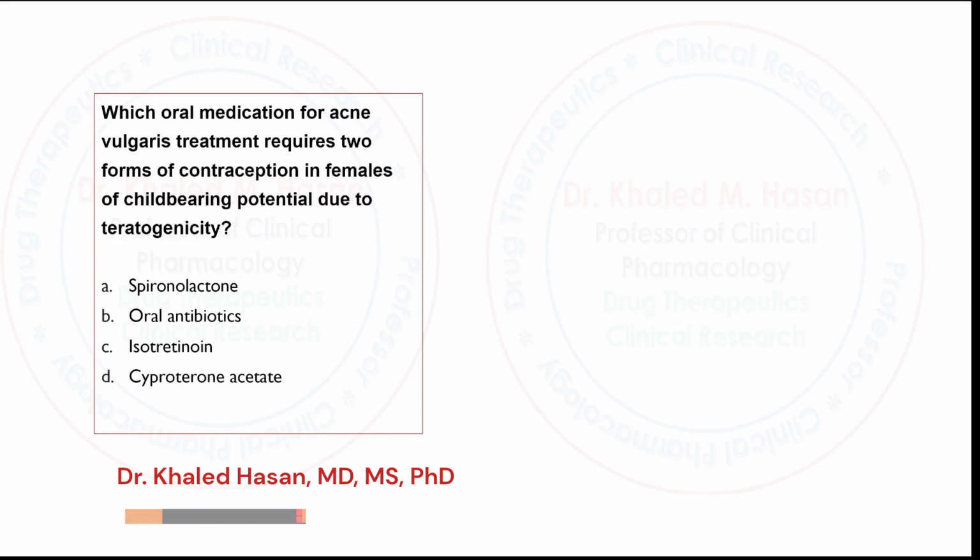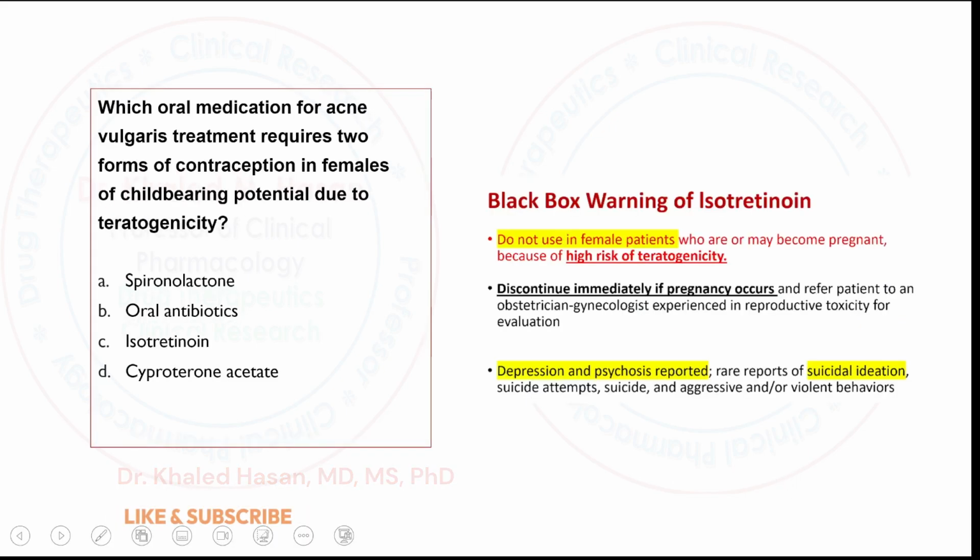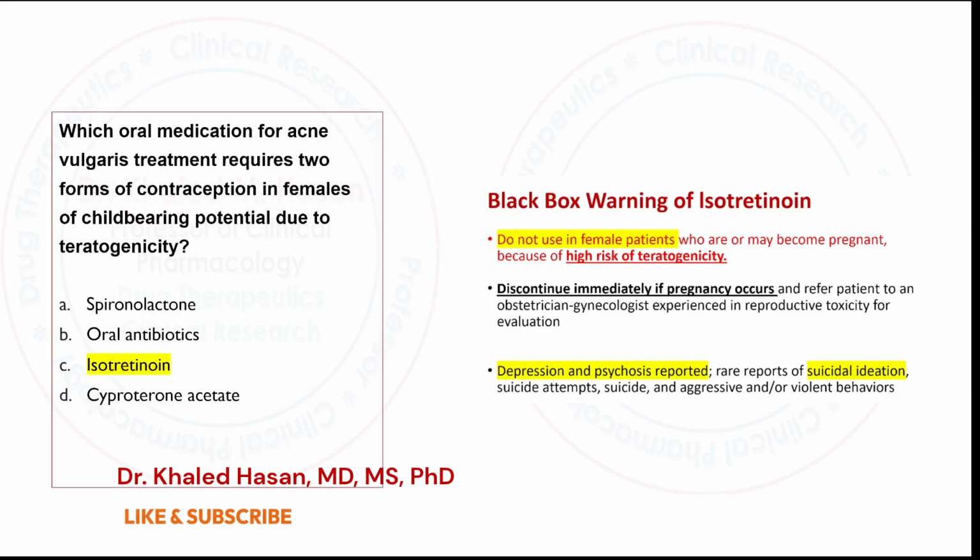If you review the slide here, for the black box warning for isotretinoin, we need to provide protection for pregnancy. So isotretinoin will be the correct answer. We need to provide methods for contraception due to the risk of teratogenicity.